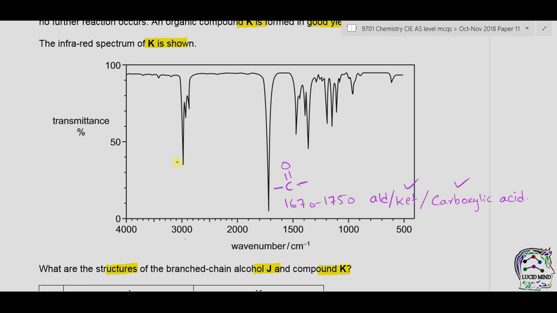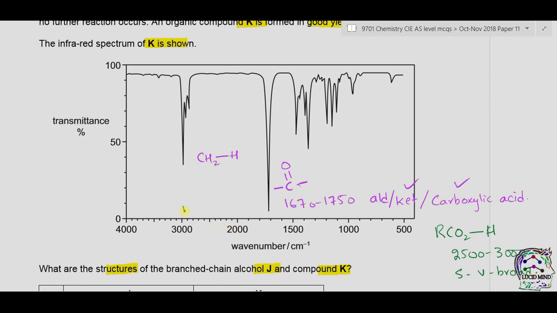Second peak is this one, which is of carbon hydrogen bond and it is at about 2950. So again this is also present in both ketone and carboxylic acid. Now for carboxylic acid another peak must also be present, which is OH bond peak, and it should be between 2500 to 3000 and it is sharp and very broad.